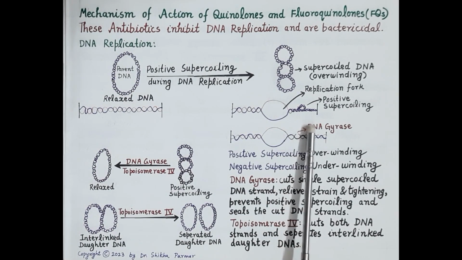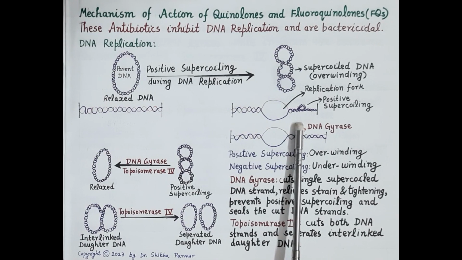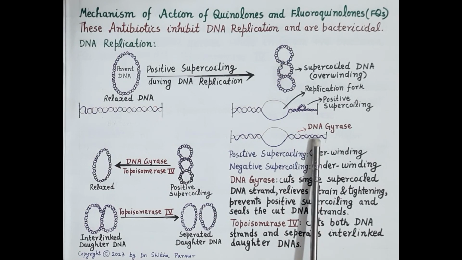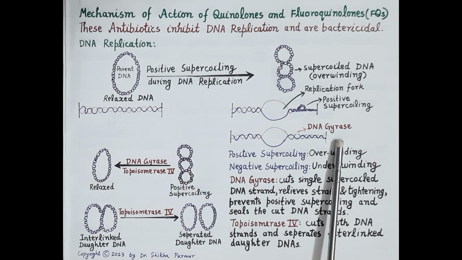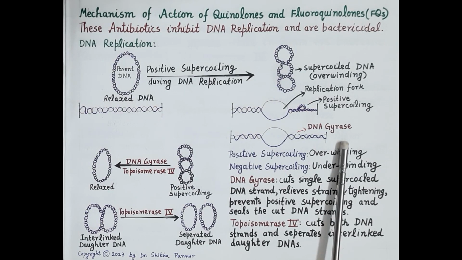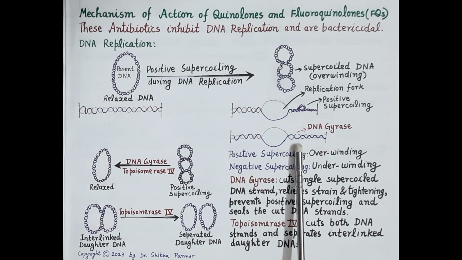Now in order to resolve this problem of positive supercoiling, the bacteria possess an enzyme called DNA gyrase. DNA gyrase has the ability to cut a DNA strand and then reseal it. So DNA gyrase acts on the DNA segment in front of the replication fork.